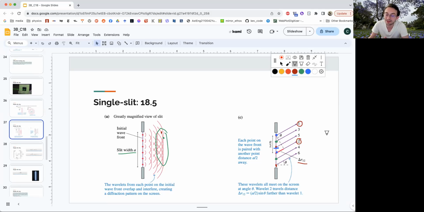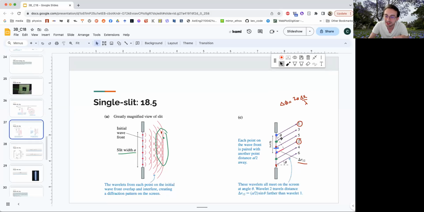And we can just use that interference formula from chapter 17. The phase difference delta phi is 2 pi delta x over lambda. It all keeps going back to that formula, basically all of chapter 18. We can think of delta R 1,2 as our delta x, and ask: do we get constructive or destructive interference?